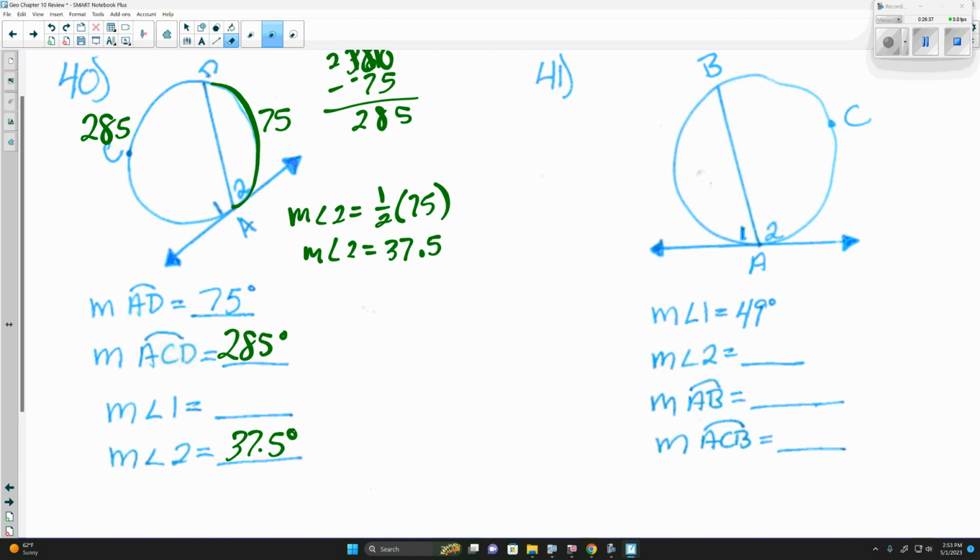And for the measure of angle 1, we can take half of 285, which is 142.5.